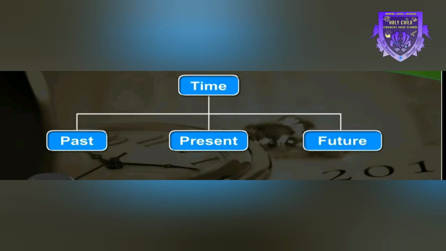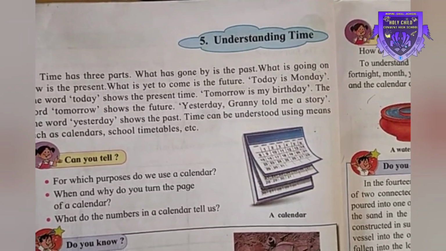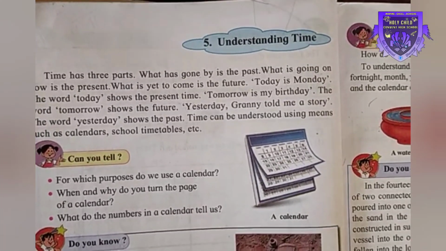Future means tomorrow what is going to happen. कल क्या होने वाला है future में. For example, tomorrow is my birthday. Means what is going to happen, yet to happen. जो होने वाला है. It is called as future. Now like this, time also has 3 parts. Past, present and future.